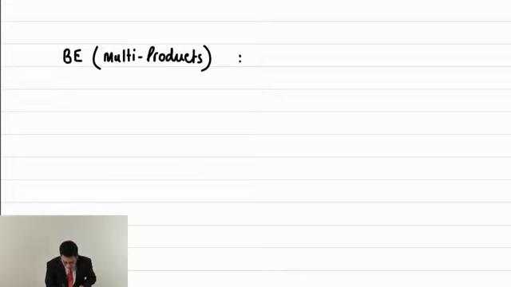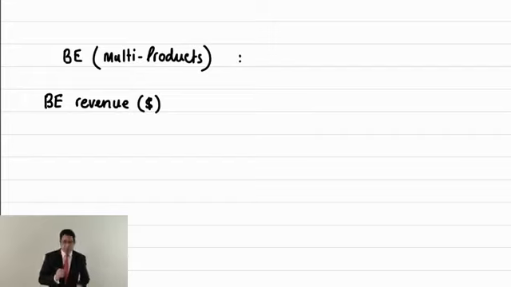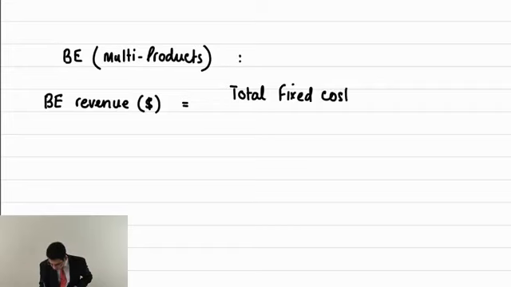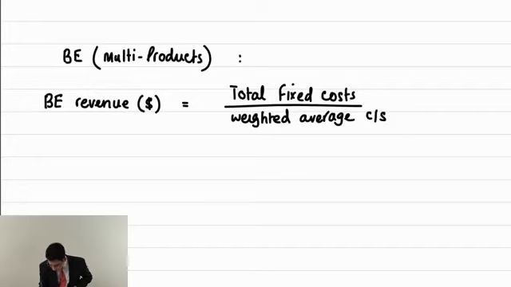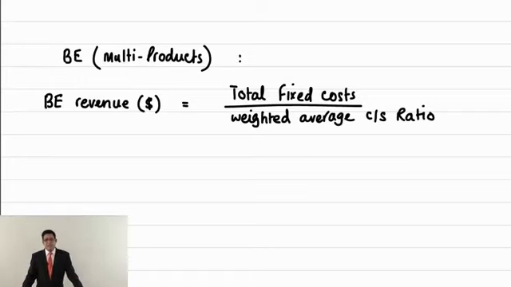First of all, break-even revenue in dollars. That would be total fixed costs divided by weighted average CS ratio.